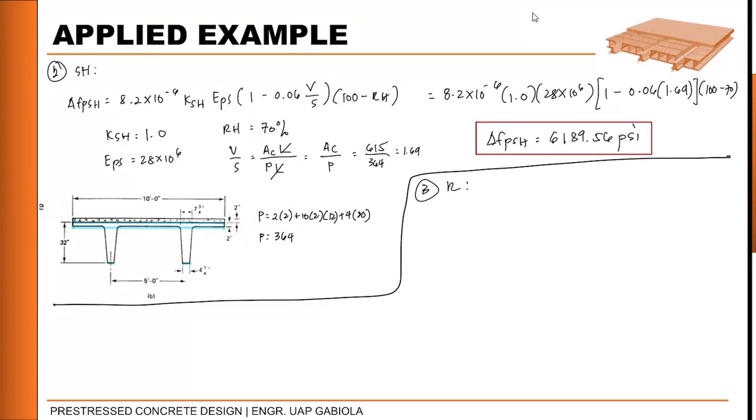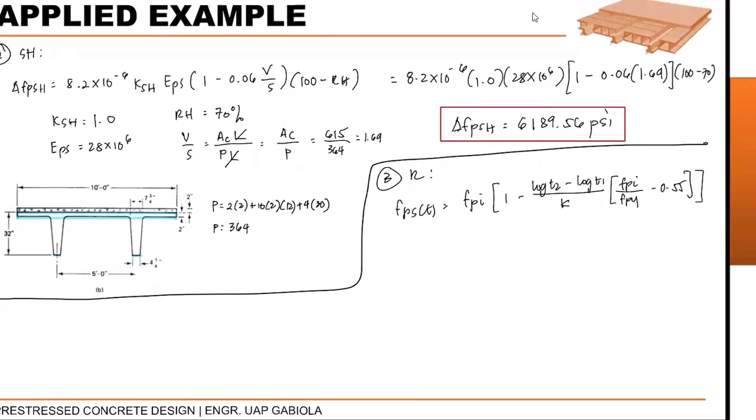So formula natin, calculating para ma-estimate yung relaxation is FPS T is equals to yung FPI daw natin multiplied by 1 minus logarithm ng T2 minus logarithm ng T1 all over K times FPI over FPY minus 0.55. Okay? Yeah. So, ano bang ano natin dyan? Wala na, no? Almost substitution na lang tayo.